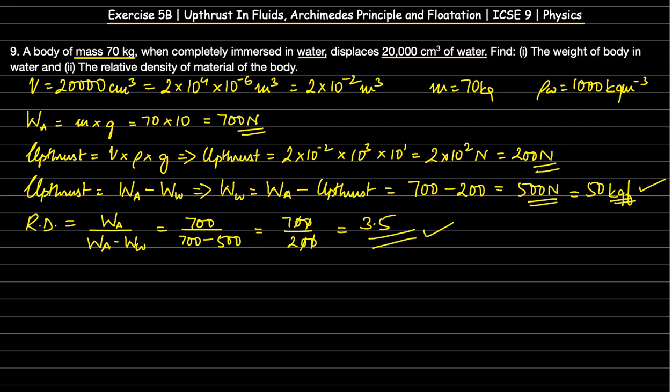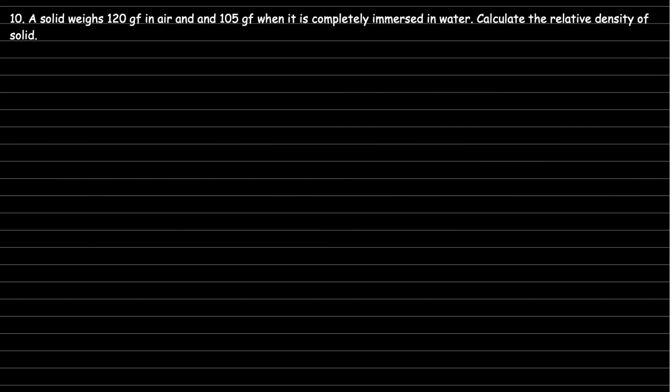So getting into the 10th question, a solid weighs 120 gf in air. So weight in air is given as 120 gf and 105 gf when it is completely immersed in water. So weight in water is given as 105 gf. Calculate the relative density of the solid. Now I would write the given data, that is weight in air is equal to 120 gram force. When we convert gram force to Newton, we divide by 100.